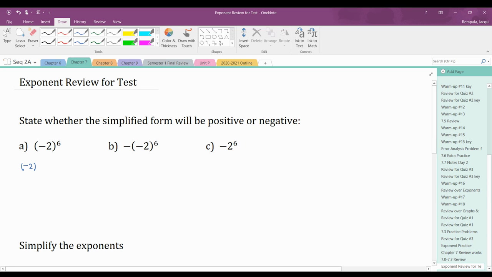So this is my base. My exponent is 6, so I would technically, if I was to do the repeated multiplication, have it written out 6 times.